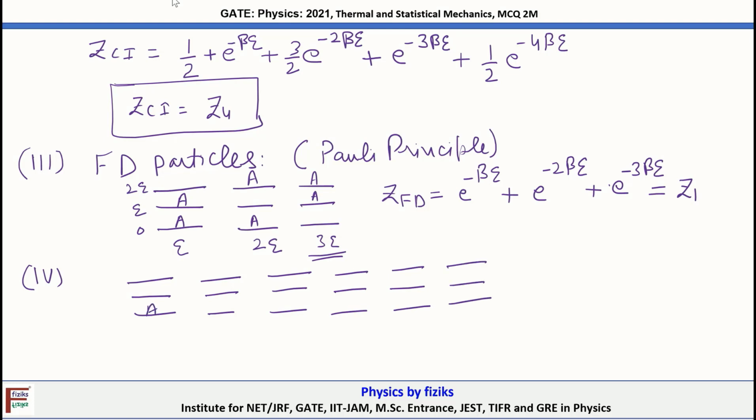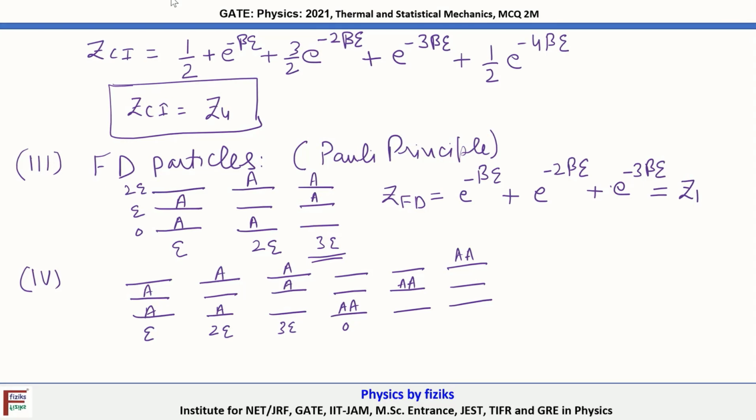Either the two bosons are in individual energy states, like fermions, and the other 3 options are they may be in the same energy state. So the corresponding energies are here e, here 2e, and here 3e, here 0. So here the corresponding energies are 0, e and 2e. Here the energy will be 2e and here it will be 4e.